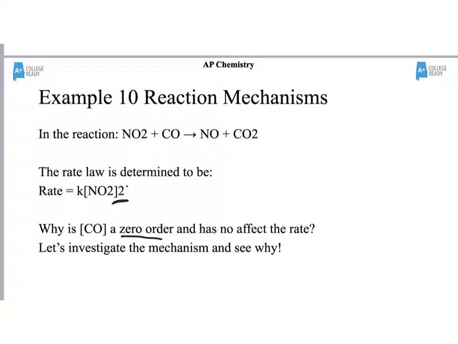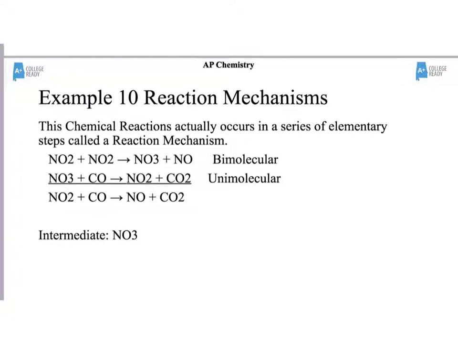Well, it's in the mechanism. So let's look at the mechanism and see why. If you look at the mechanism, we can write rate laws for each of the individual steps, and they'll actually explain a little bit why carbon monoxide is a zero order reactant.